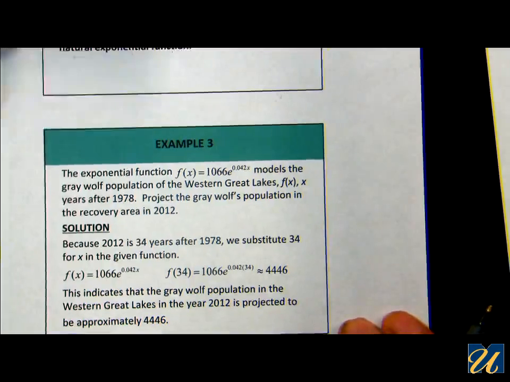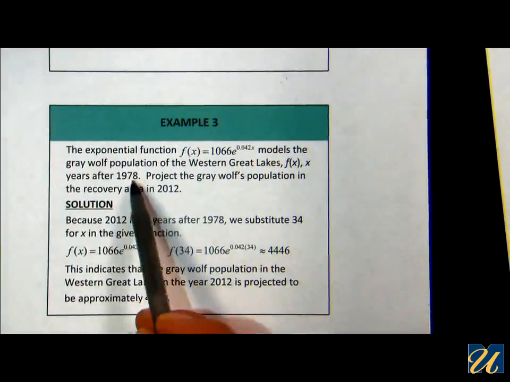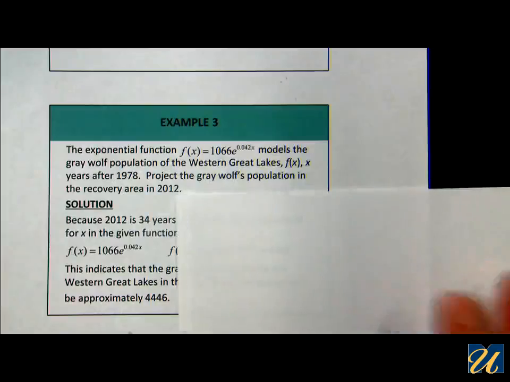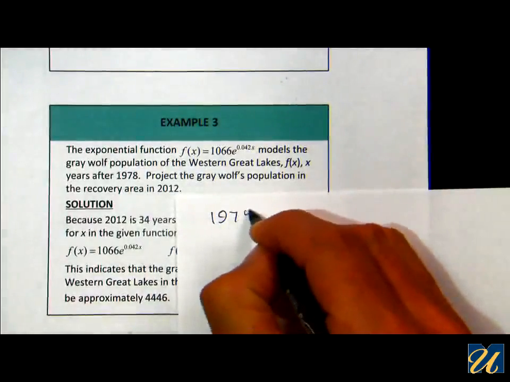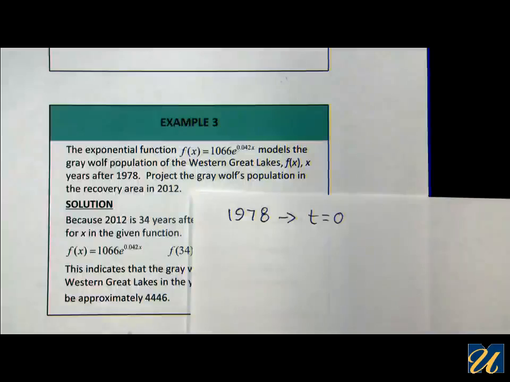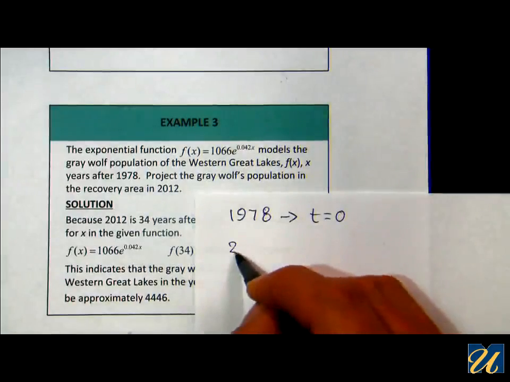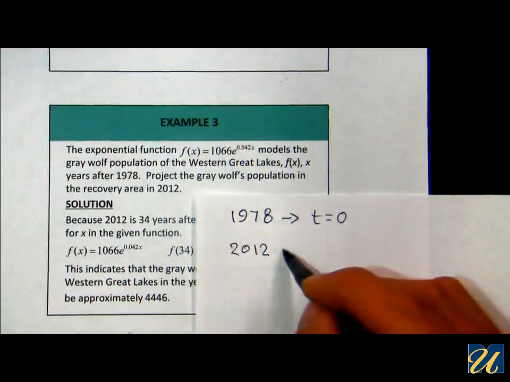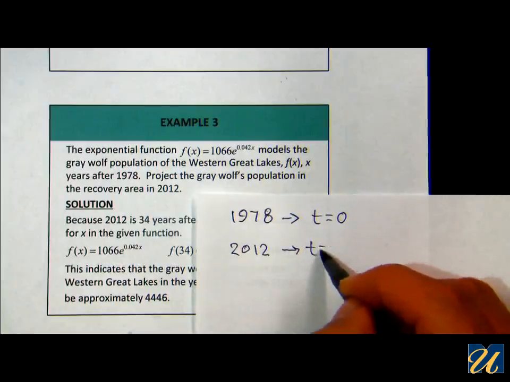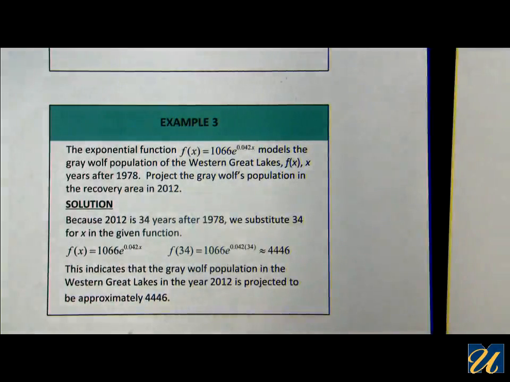First of all, when we model functions using time, we measure time from a reference point. So 1978 will correspond to t equals 0. We always measure time from a reference point and don't use dates. So 2012, how many years later is that? That's t equals 34. So we'll substitute in 34 for our variable x.